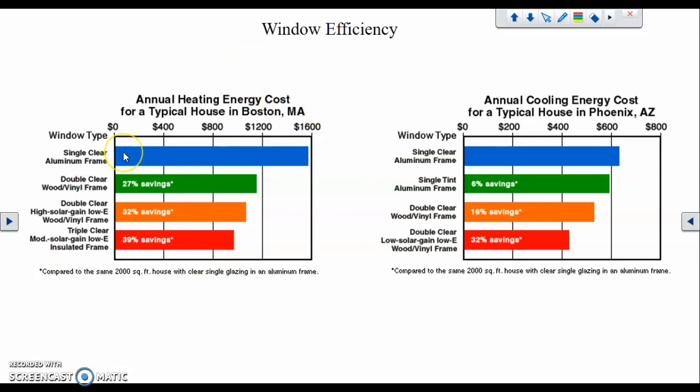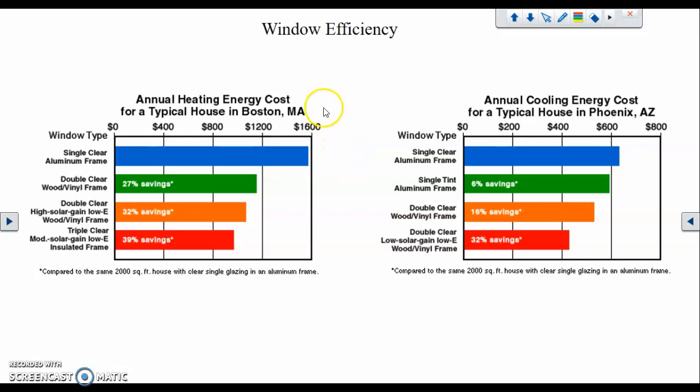So if you have a single clear aluminum frame, your heating energy cost, and by the way, we're only talking about one aluminum frame, is around $1,600. And obviously, if it's a triple clear insulated frame, you have a 39% savings.